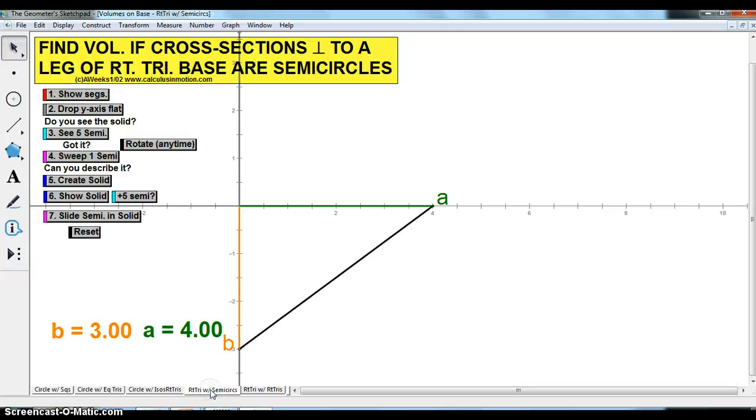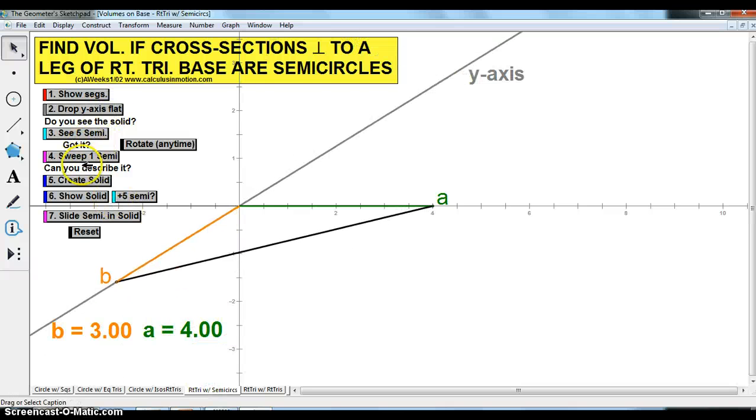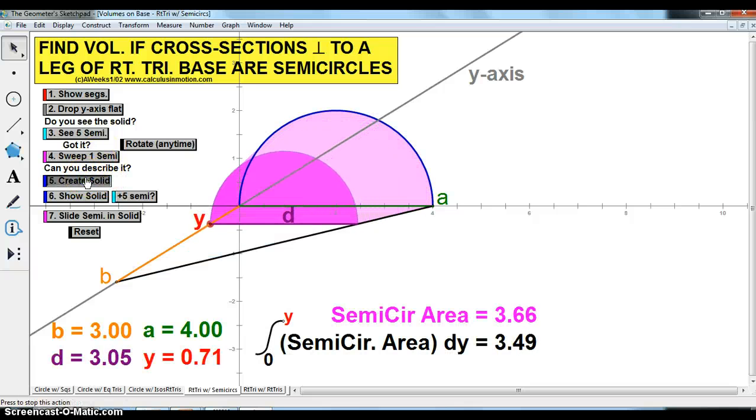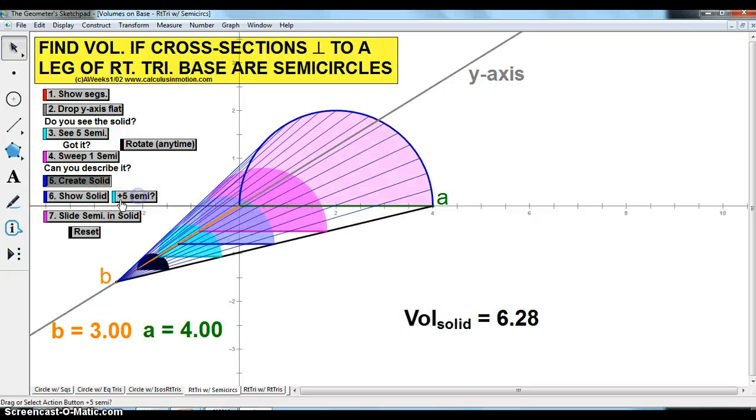And the base doesn't have to be a circle. Here we've got a base that's a right triangle, and maybe I want to put semicircles in it. So it kind of looks like half a cone maybe. Okay, so there's our solid.